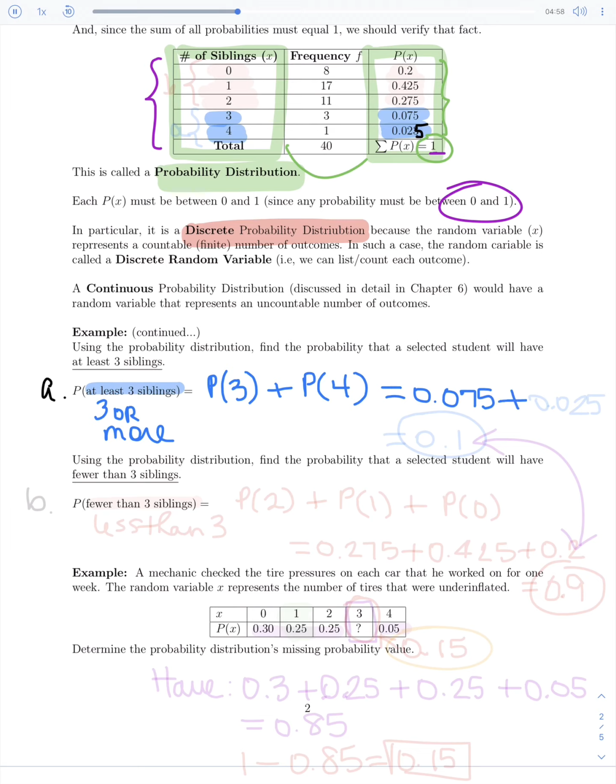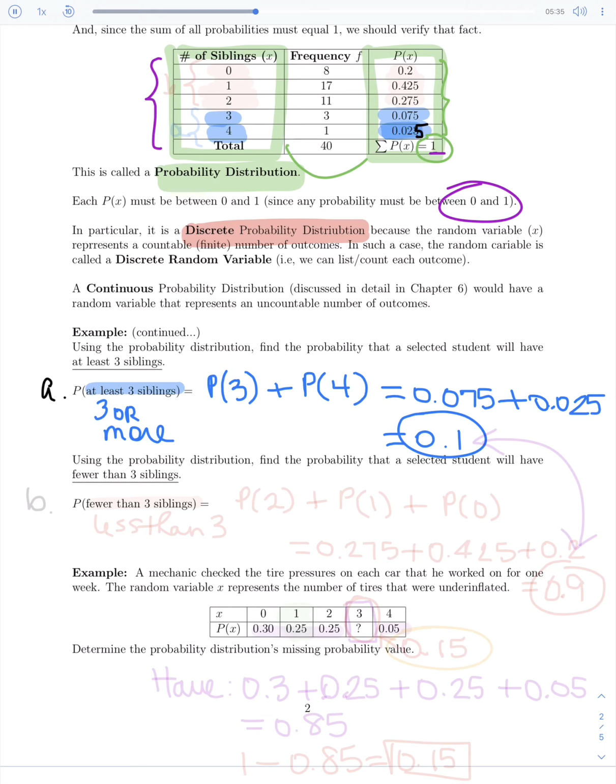And then we also add the probability of choosing somebody with 4 siblings, that's the 0.025 using our table. So now I need to add them up. The 0.075 plus the 0.025, we end up with 0.1. And that's our final answer, our probability of selecting somebody that's going to have at least 3 siblings.